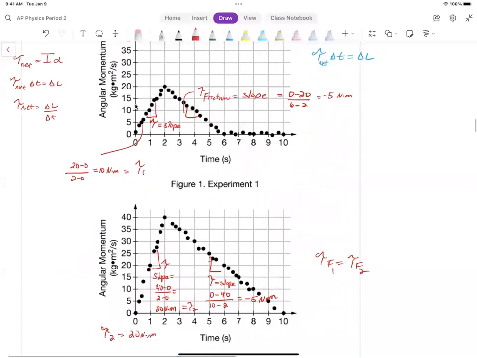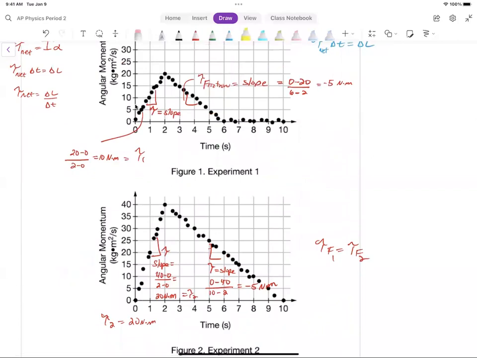So the portion of this graph up to 2 seconds is when there's an external torque added to the disk, causing an increase in angular momentum, which means it had to be greater than the torque of friction. Then at 2 seconds, that torque disappears, and the frictional force causes it to slow down.